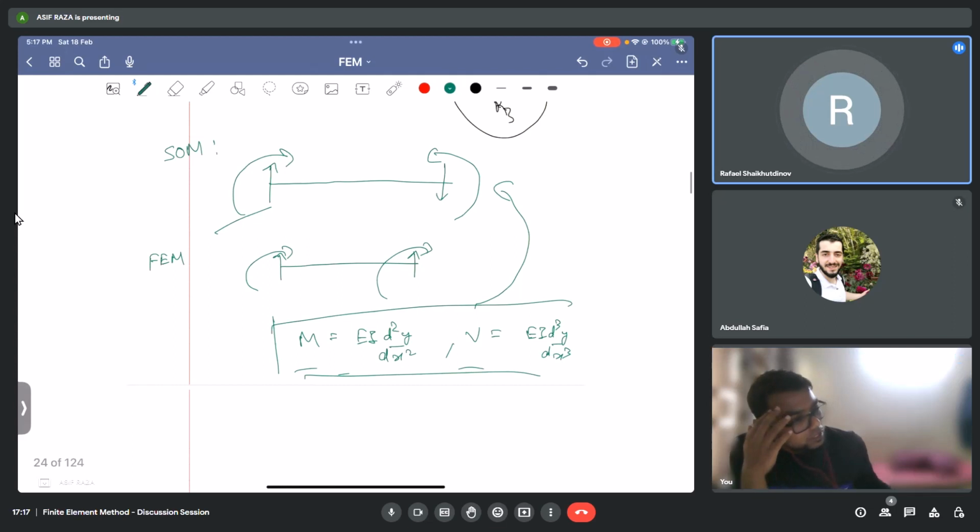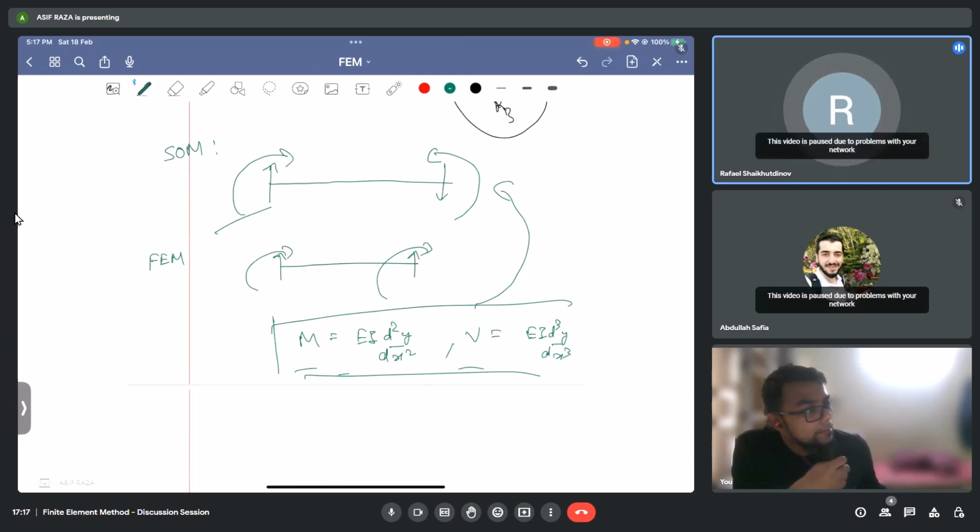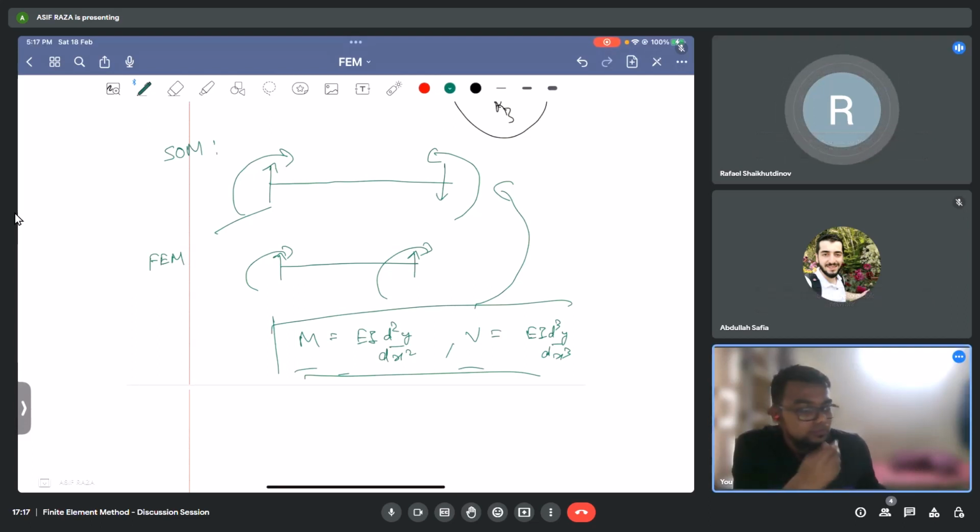Because M of x is the internal moment and V of x is the shear force at that particular point. If we choose a point in the element, we can find the internal moment. From this, we can find a stress or other things in strength of materials.